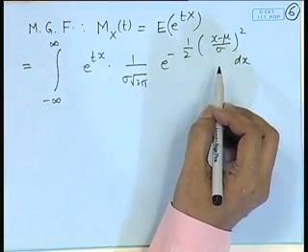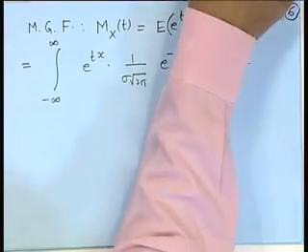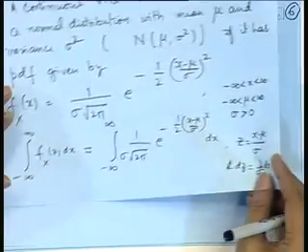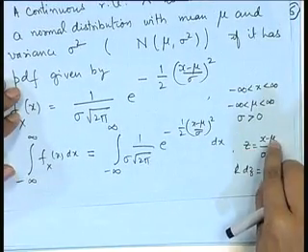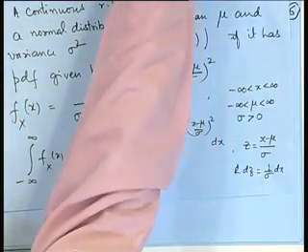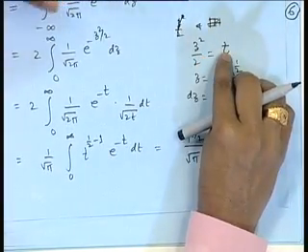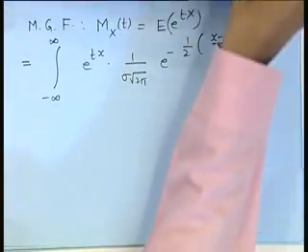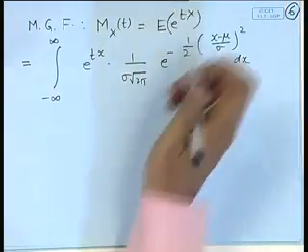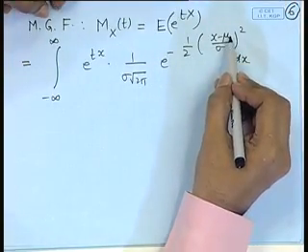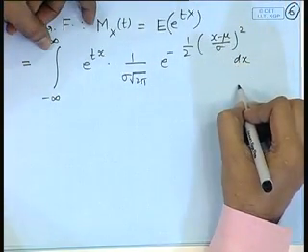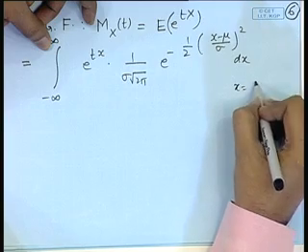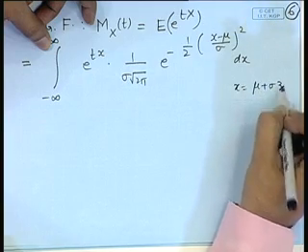So, we will still consider the same transformations which we introduced for the evaluation of any integral involving the normal density function, that is z is equal to (x minus mu) by sigma. So, here if we write (x minus mu) by sigma is equal to z, then we have x equal to mu plus sigma z.